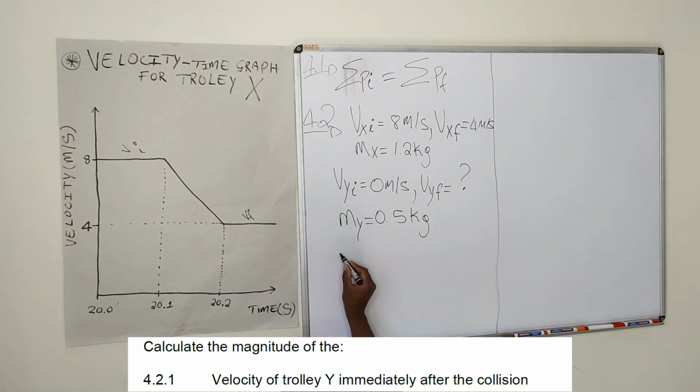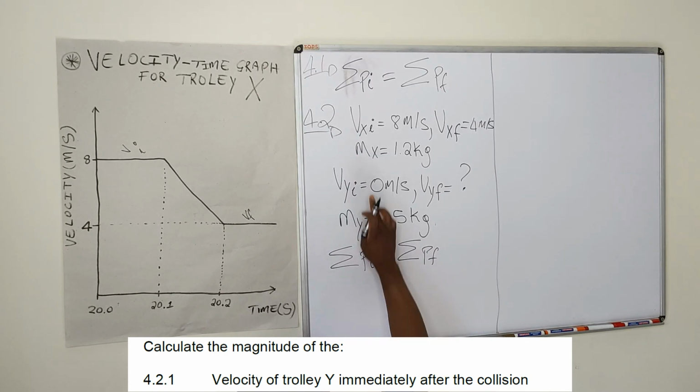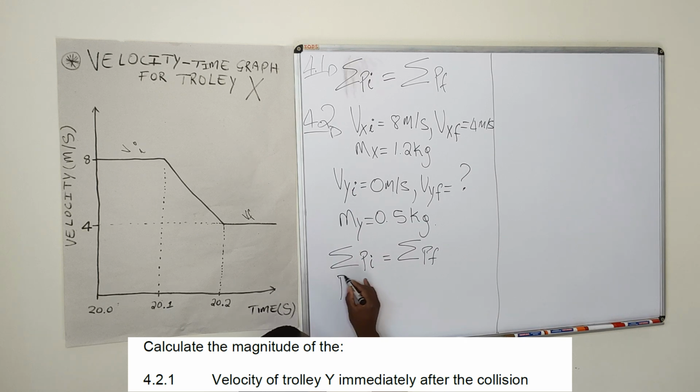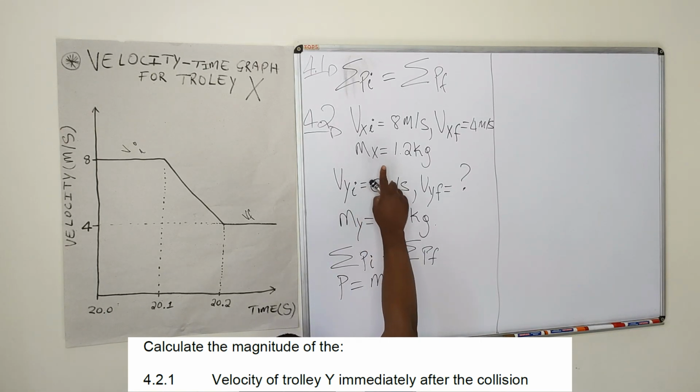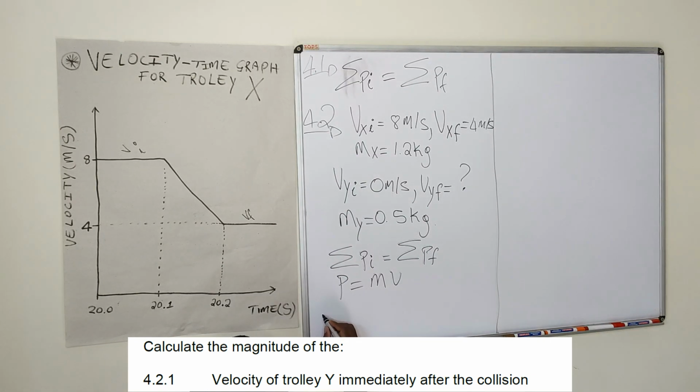So you write it down. The sum of initial momentum is equal to the sum of final momentum. What is your initial momentum? You know that momentum is mv. If you want the initial momentum, you add the initial momentum of trolley X and the initial momentum of trolley Y. So I have P Y initial plus P X initial.